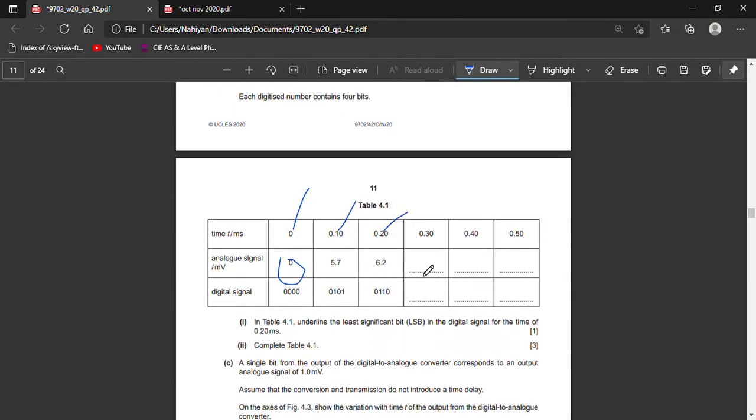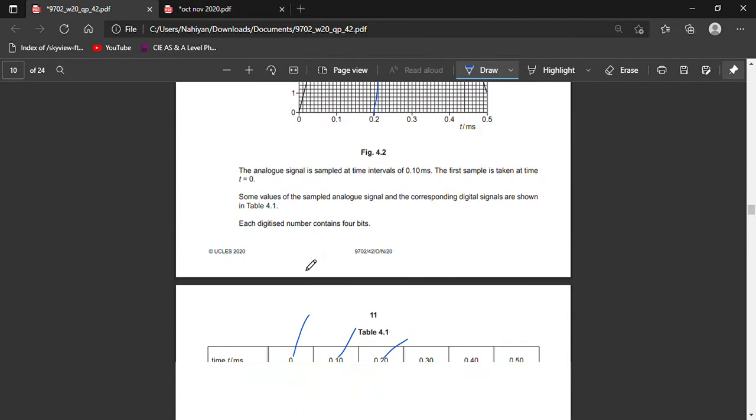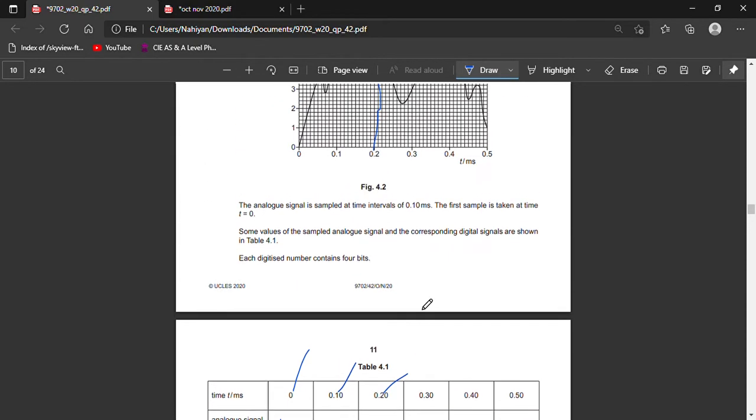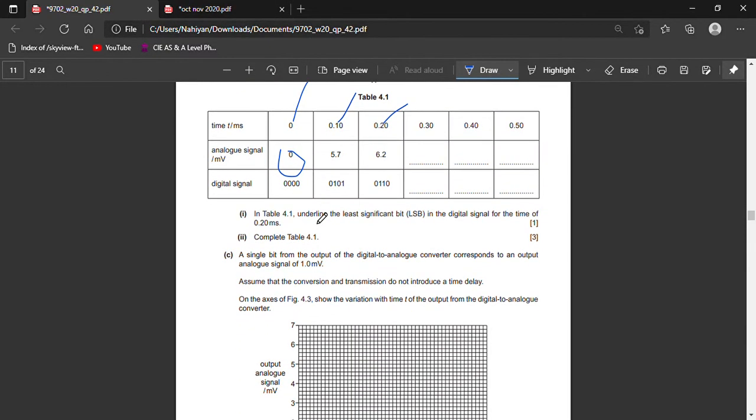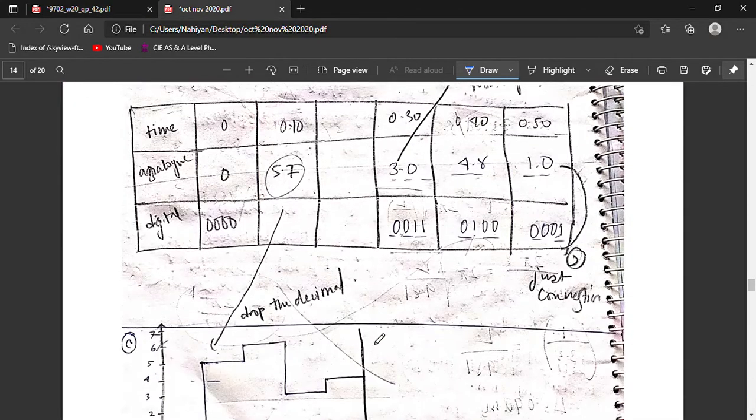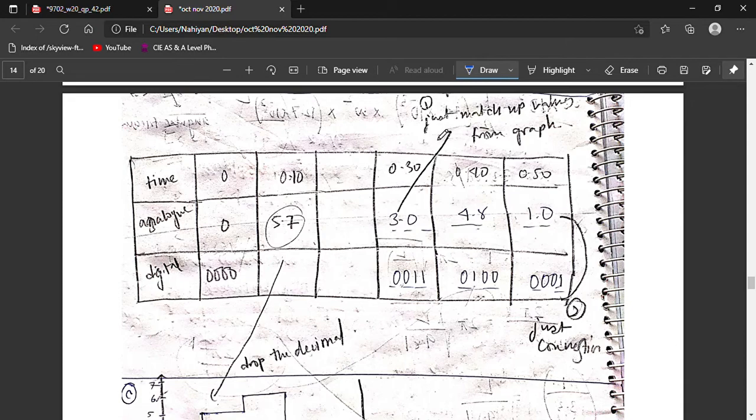So what we'll have to do is just use the graph to get the value. I've done it accurately as I've printed the question paper. You just have to match up the values from the graph.